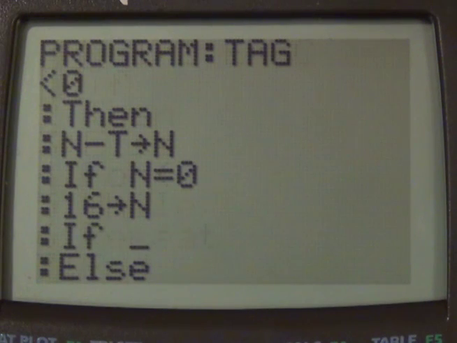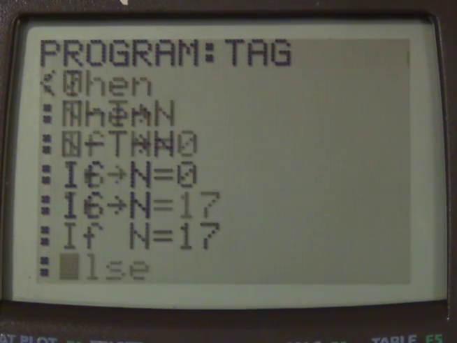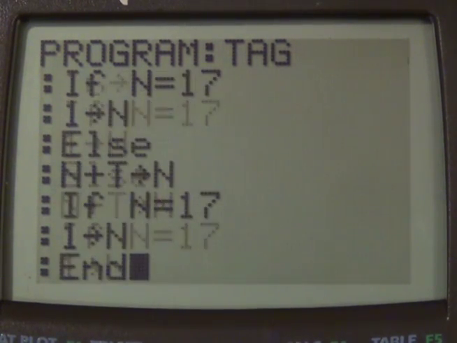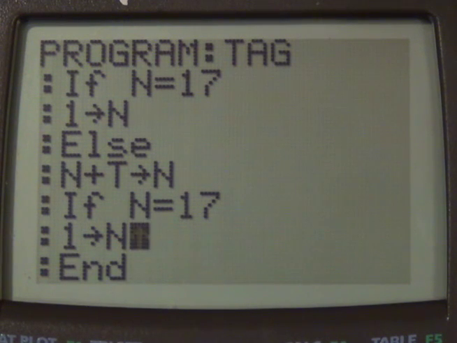But that means that we also need to check the opposites. So if n equals, for example, 17, we need to store 1 into n, and all of these little things here.